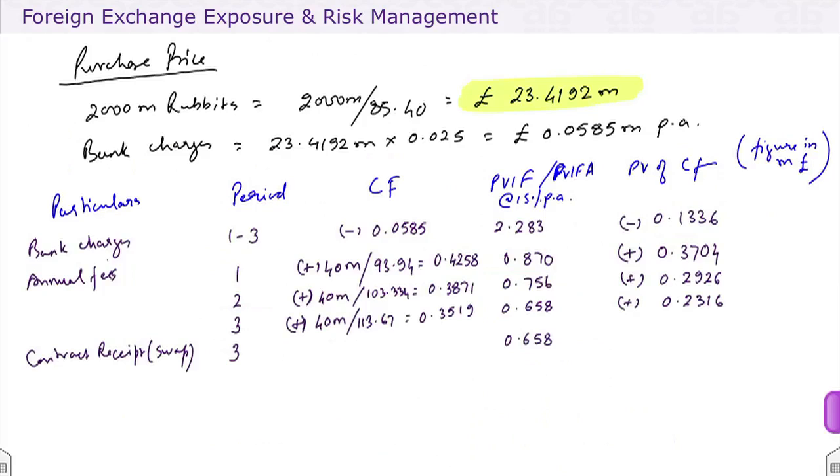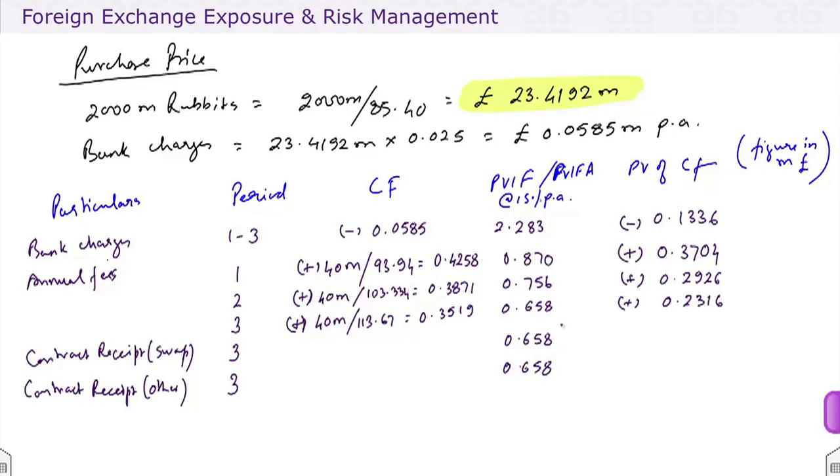So there is a contractual receipt in the form of swap, and then there is another contractual receipt as excess of it given by the government, which is in the form of other assurance by the government, and which is also happening in the third year, 0.658. But obviously the third year discount rate is separate.